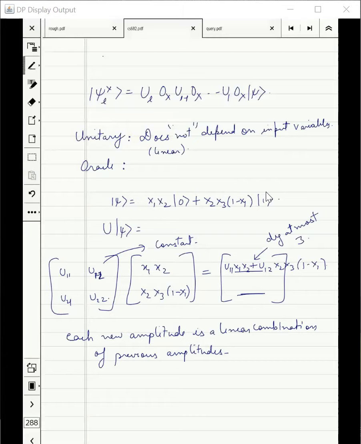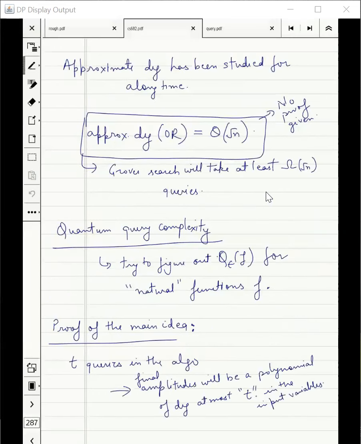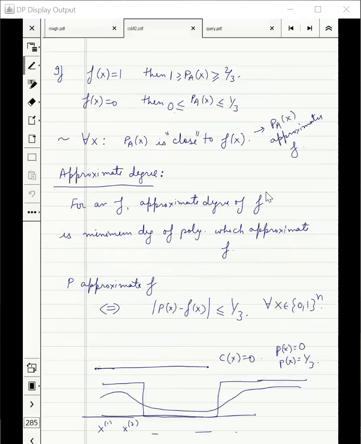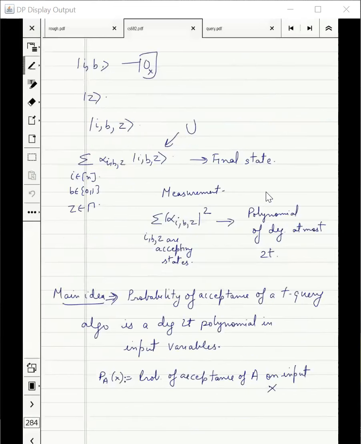Remember that this is the same thing we used when we talked about measurement, which I gave you as an exercise at that point. Our final state amplitudes are polynomials of degree t. If I do a measurement in a non-standard basis, it doesn't matter, because non-standard means unitary and then measurement in the standard basis.